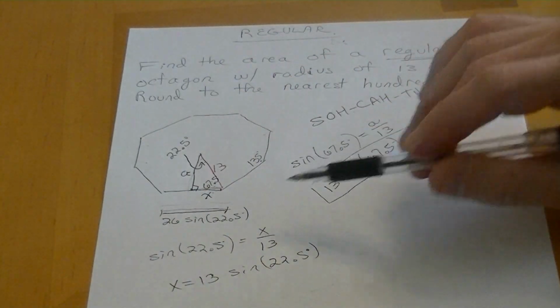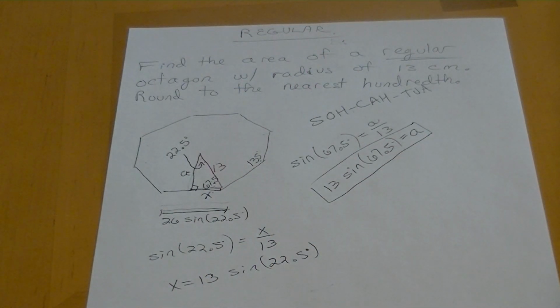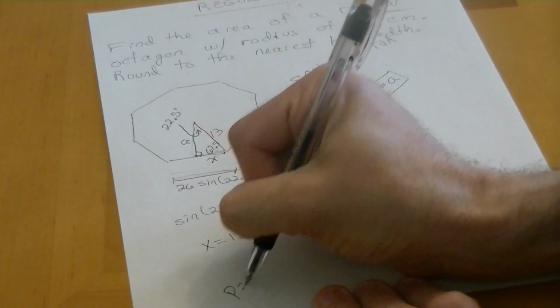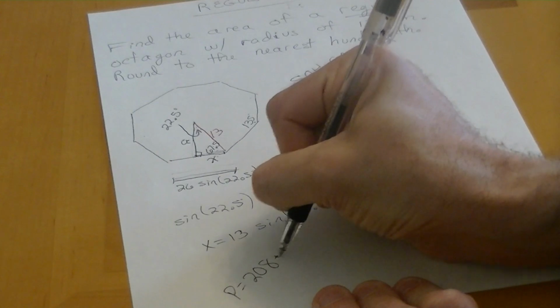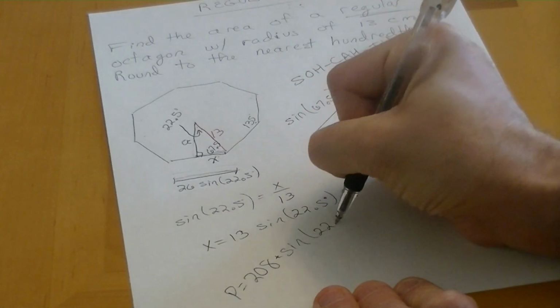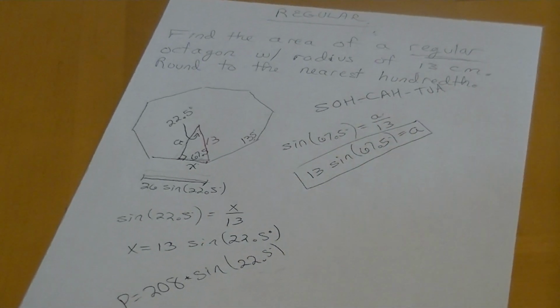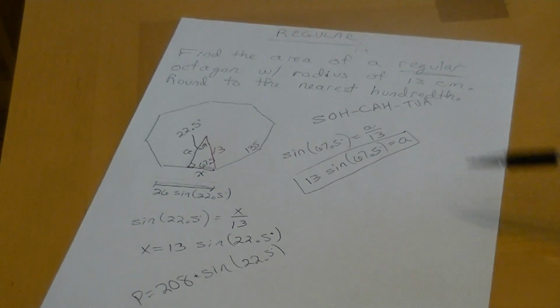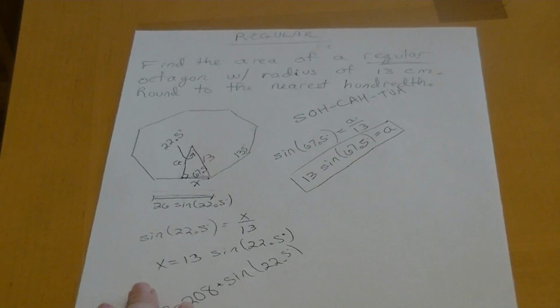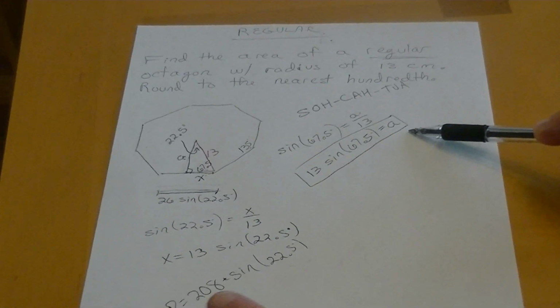Well, since there are 8 congruent sides, we're going to multiply that by 8. And that gets me a perimeter of 208 times the sine of 22.5 degrees. Not rounding off my perimeter. So I have my apothem, and I have my perimeter.